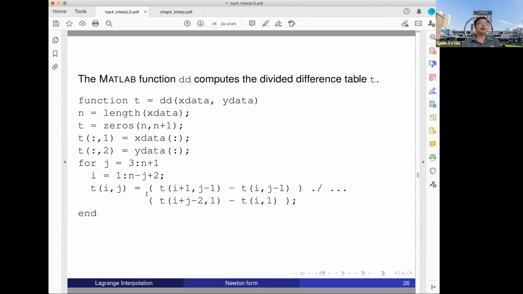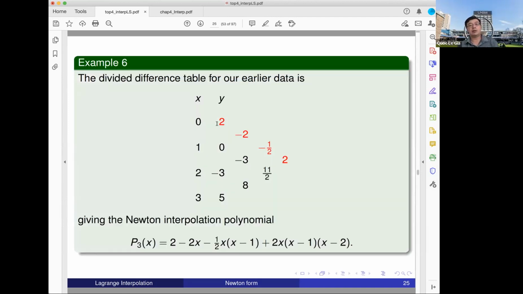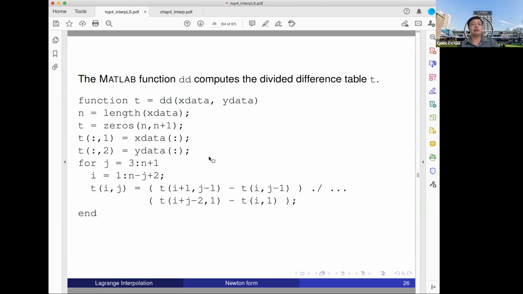So now if you look at this program, how do you get the divided difference at the end? Remember your divided difference table looks like a triangle like this. But in MATLAB, you cannot implement a triangle like this. I mean, you just have a two-dimensional array.